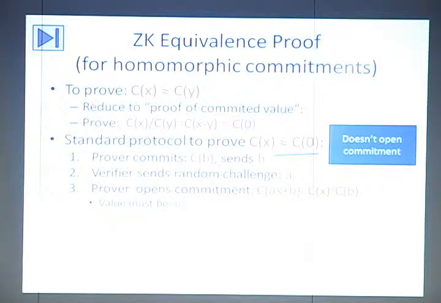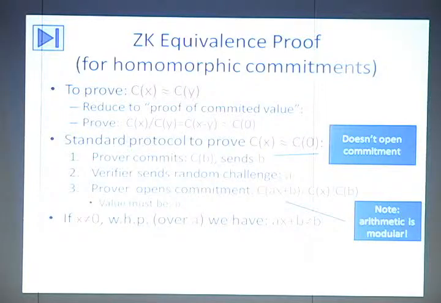And again, because it's homomorphic, it's like adding b. This is something the verifier can do as well. This is something public, so we get this commitment to ax plus b, and the prover just opens it. And of course, if x was 0, then this should always be b, exactly. We just want to note that all the arithmetic here is modular, so it cycles around.